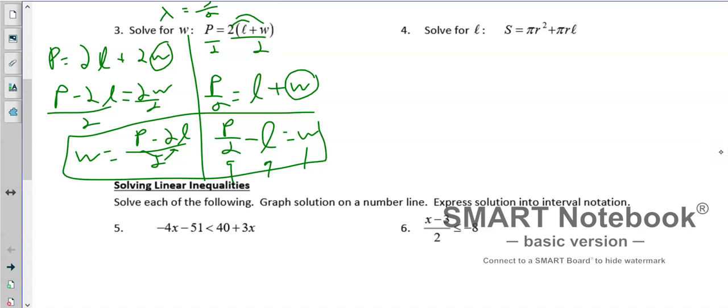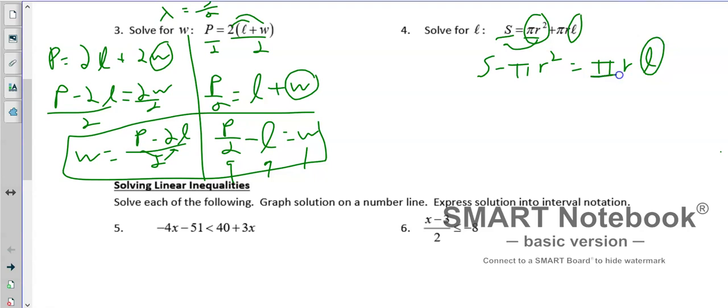Number 4, we're trying to get L by itself. L is over here. First thing I'm going to do is subtract this from both sides. Okay? So I'm going to move this over here by subtraction. So that's going to give me S minus pi r squared. We can move it all at the same time because this is just a quantity. Equals pi r L. Now we're trying to get this by itself.